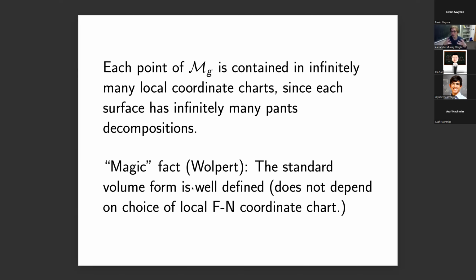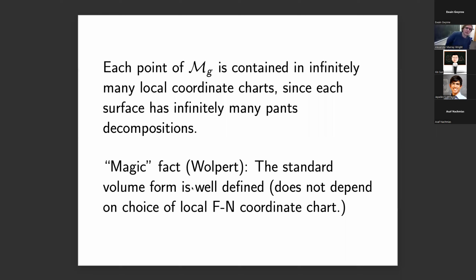If you start in one Fenchel-Nielsen local coordinate system, write down the standard volume form, and then switch to another, the formula for the change of coordinates can be heinously complicated, but the determinant is one. It's not usually proven directly because the formulas would be so hairy. In fact, there's a lot of deeper geometry underlying this, which is how it was discovered.